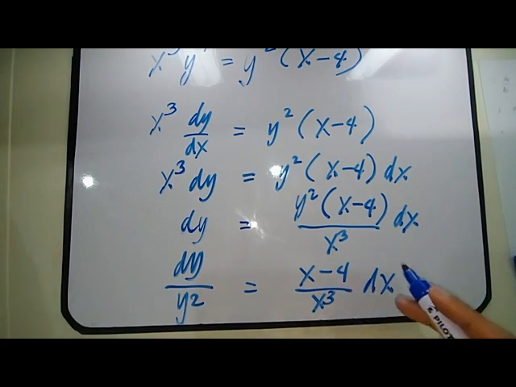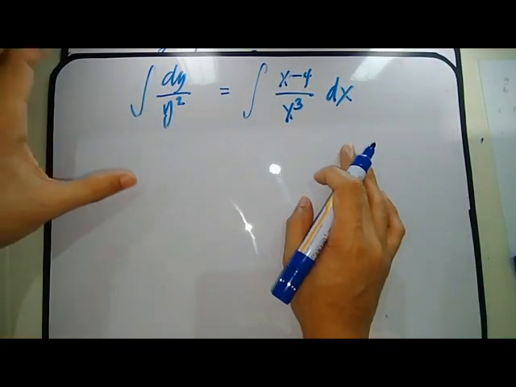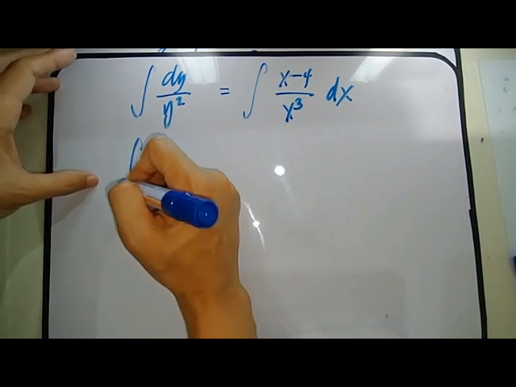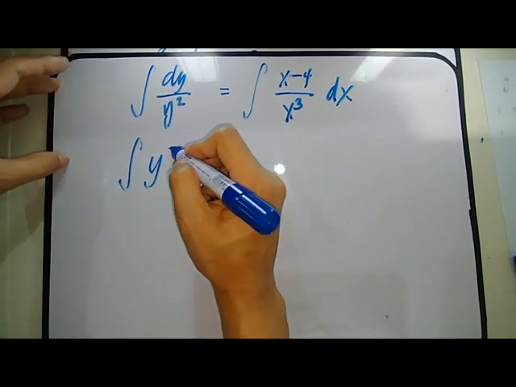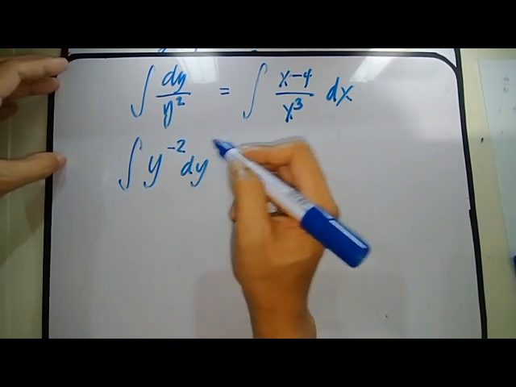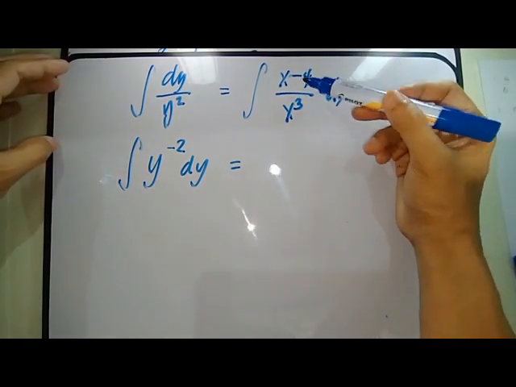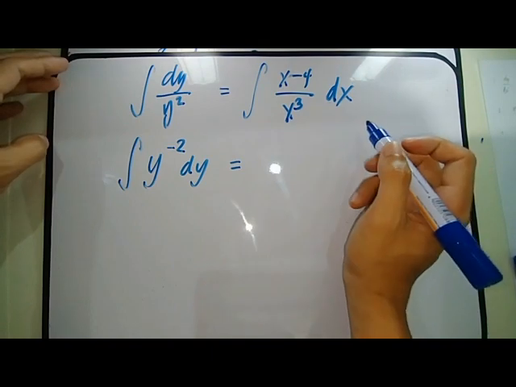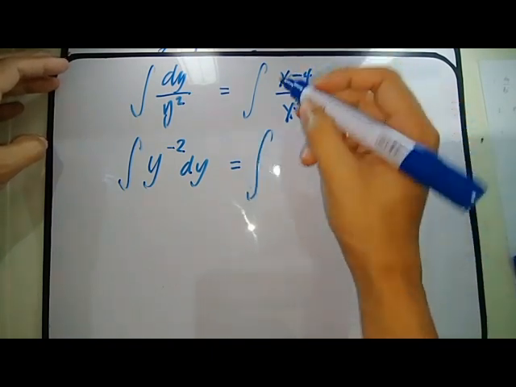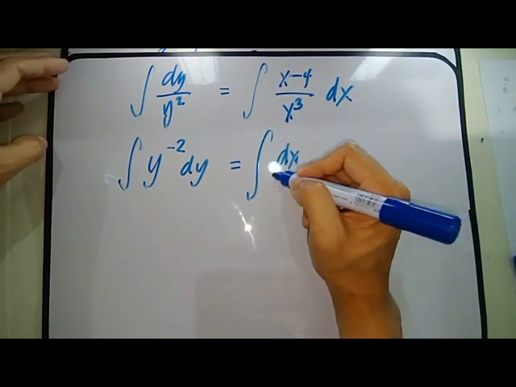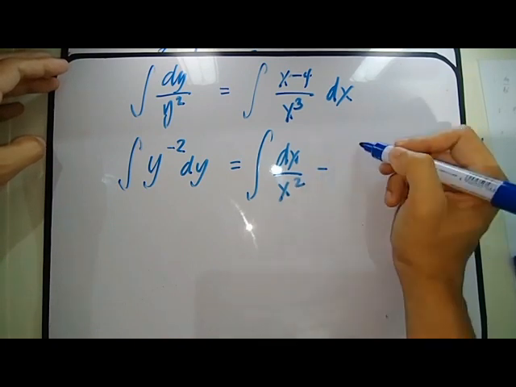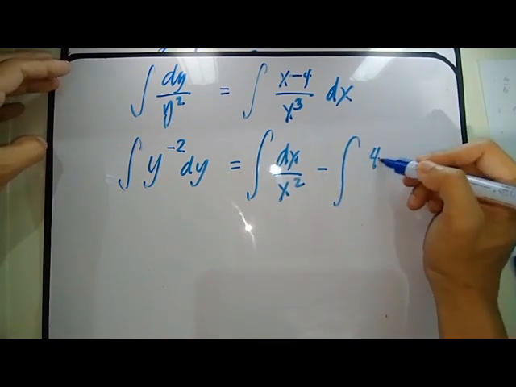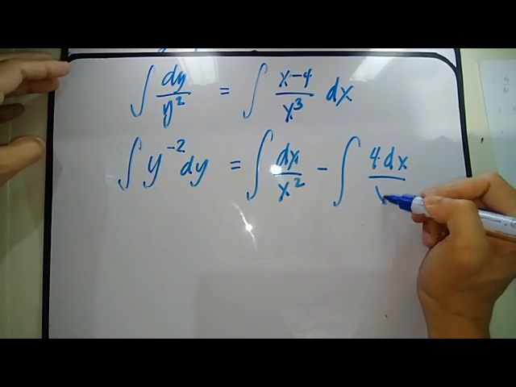So integrating both sides. Now guys, let's simplify this first. So the integral of y raised to negative 2 dy equals x all over x cubed, so this is 1 over x squared. So let's separate this: dx all over x squared minus the integral of 4 dx all over x cubed.